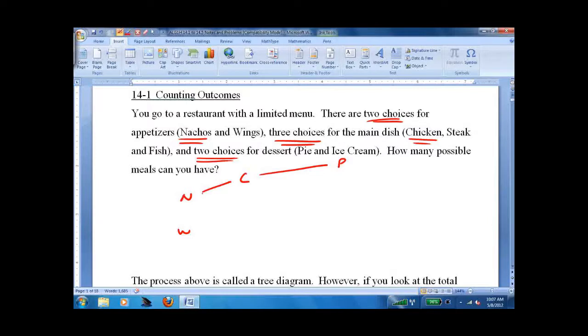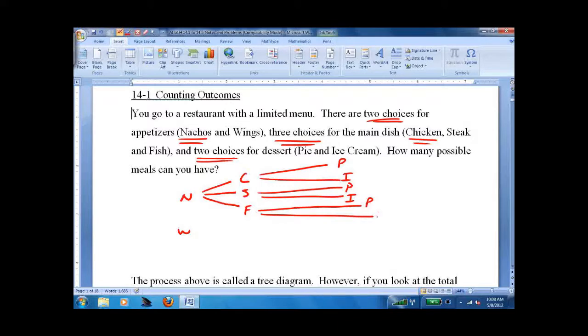I could also have nachos, chicken, and ice cream. I could also have nachos, steak, and the same choices, pie or ice cream. Could also have nachos, fish, and then pie or ice cream.